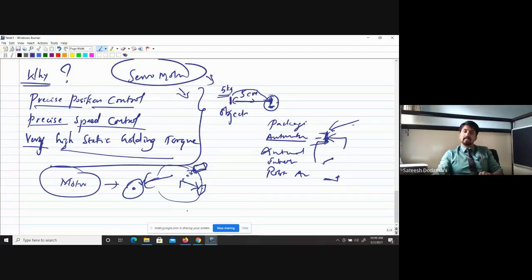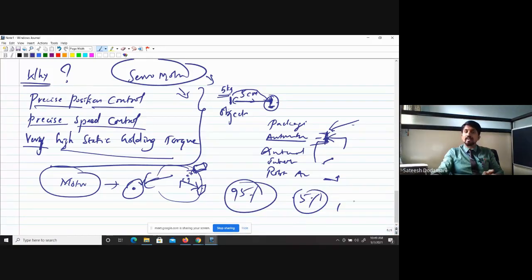Now a stepper motor also does the same thing, but sometimes variation may happen. 95% of the time it does its work, but in some 5% or 1% it may not do its work, maybe because of a lack of signal or lack of pulses. At that time it will not do that particular work correctly.